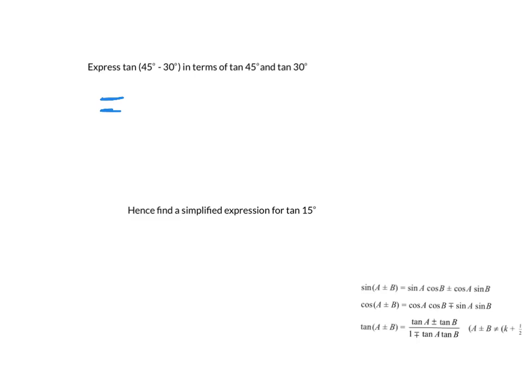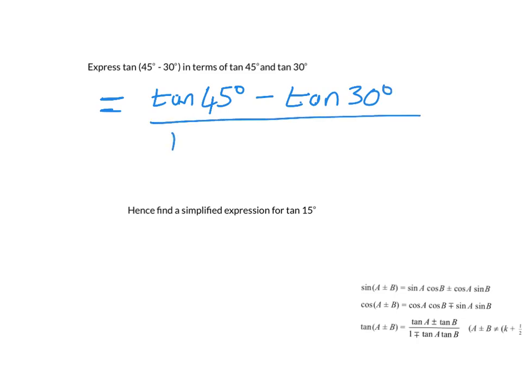So we've got the negative, so it's going to be tan 45 minus tan 30 all over 1 plus, be careful, 1 plus tan 45 tan 30.